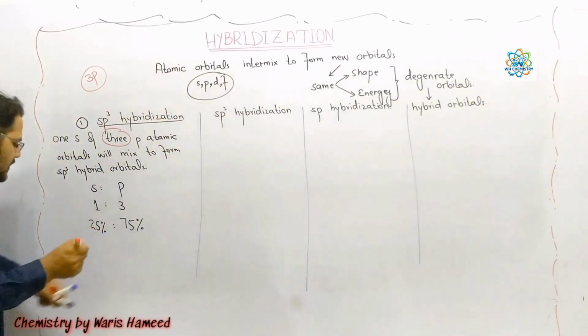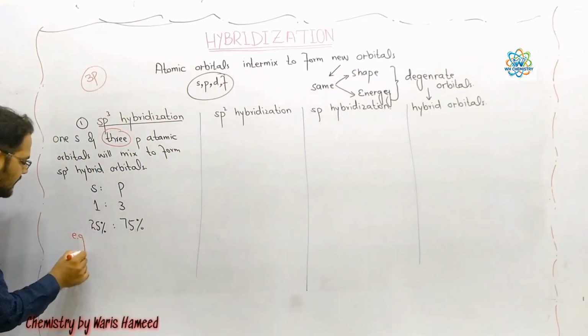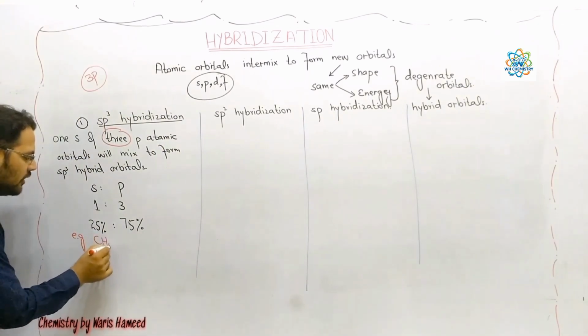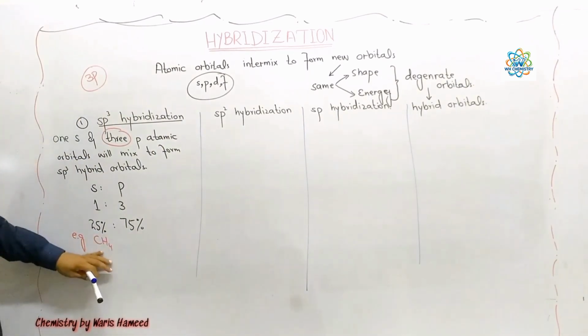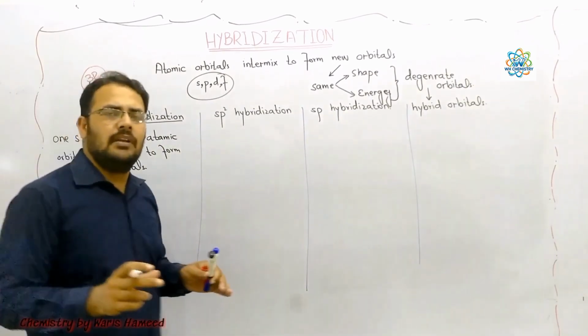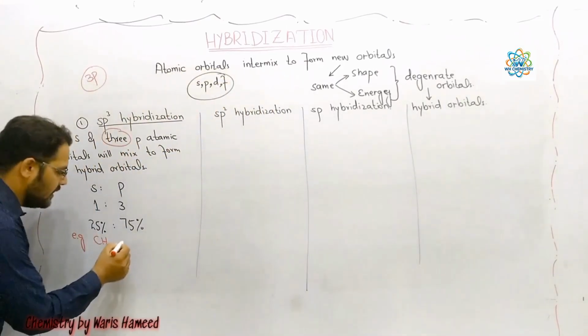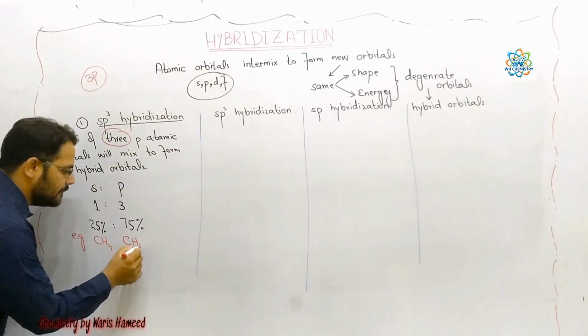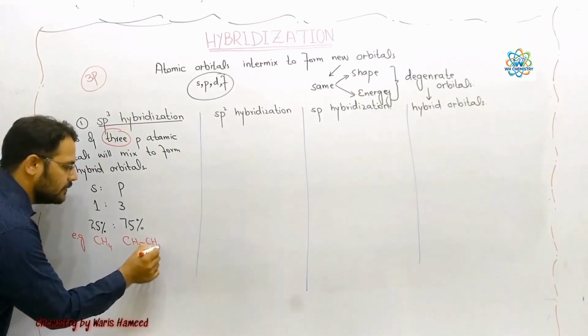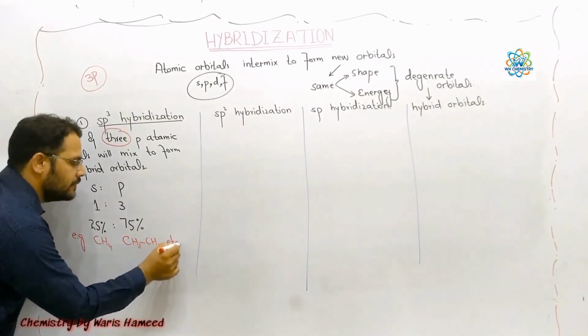For example, CH4, methane. Methane is a basic hydrocarbon and it falls in the sp3 hybridization category. Ethane, and so on.